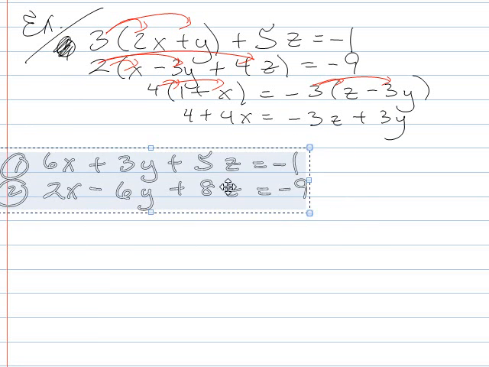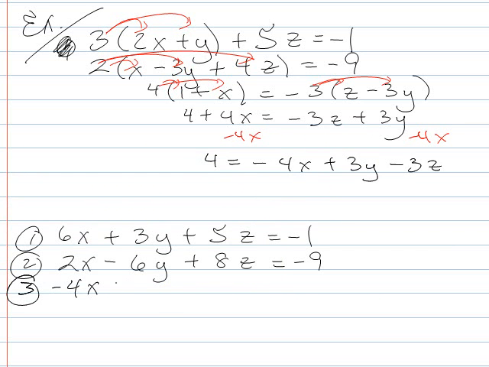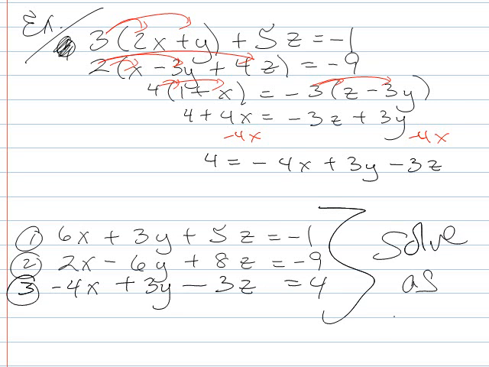So if you wanted to write them all together in a little pile, you'd have to move your 4x over. So you've got 4 equals minus 4x plus 3y minus 3z, which would give you minus 4x plus 3y minus 3z equals 4. And now you just solve as you would solve any other thing like that. So just know that if you have something that's not in standard pretty form, all you have to do is put it in your standard pretty form and then solve it from there and pretend nothing else ever happened.